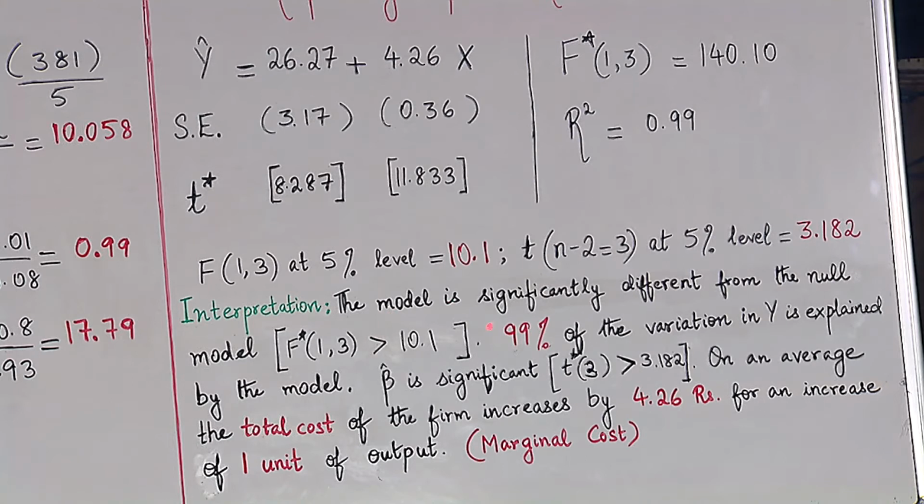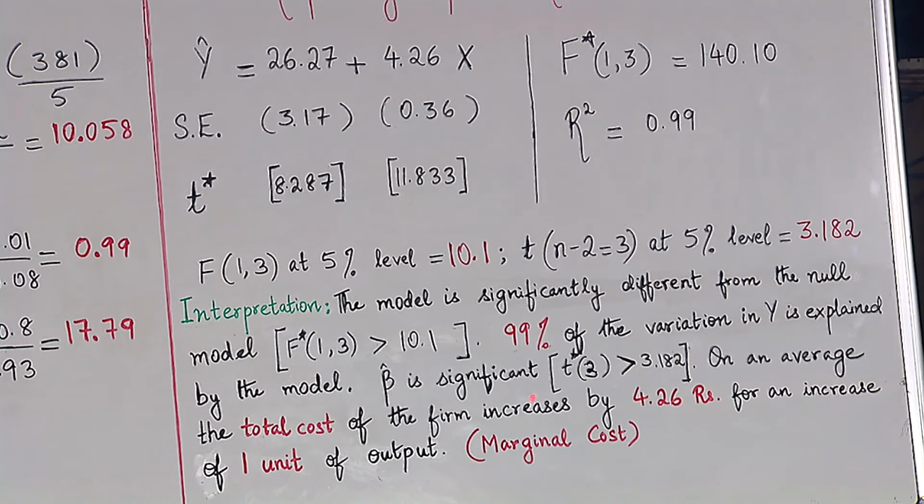The model is significantly different from the null model because the calculated F value at 1,3, that is 140.10, was found to be greater than the table F value 10.1. The R square value 0.99 shows that 99% of the variation in y is explained by the model.